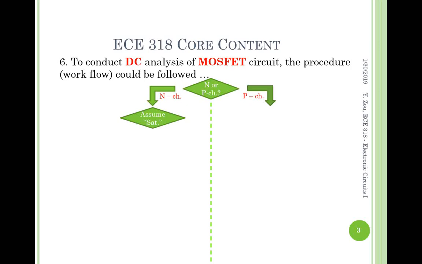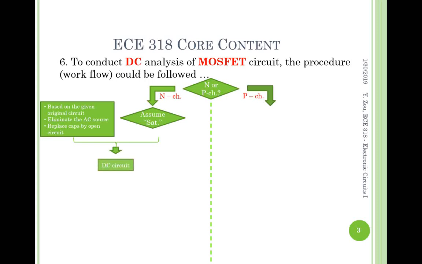Meanwhile, based on the given original circuit, never forget it, eliminate the AC source and eliminate the capacitors as well to come up with the so-called DC circuit. This DC circuit is the circuit we're going to work on to come up with equations, and from there we get whatever current or voltage we need.